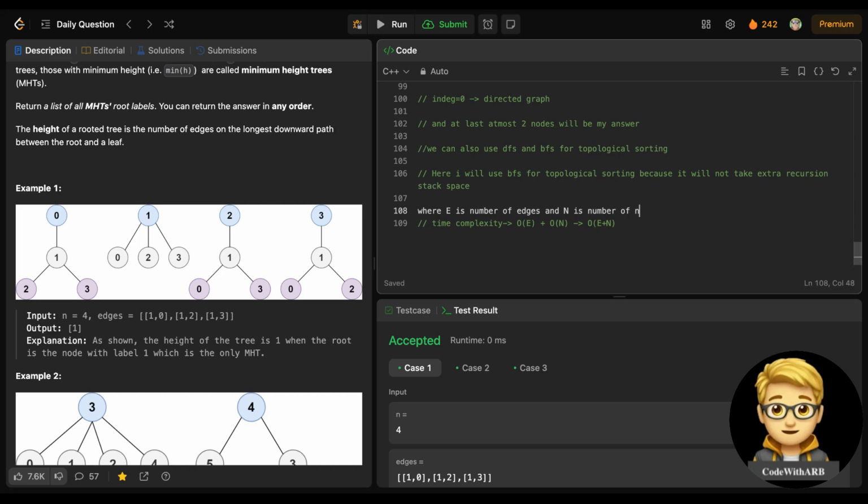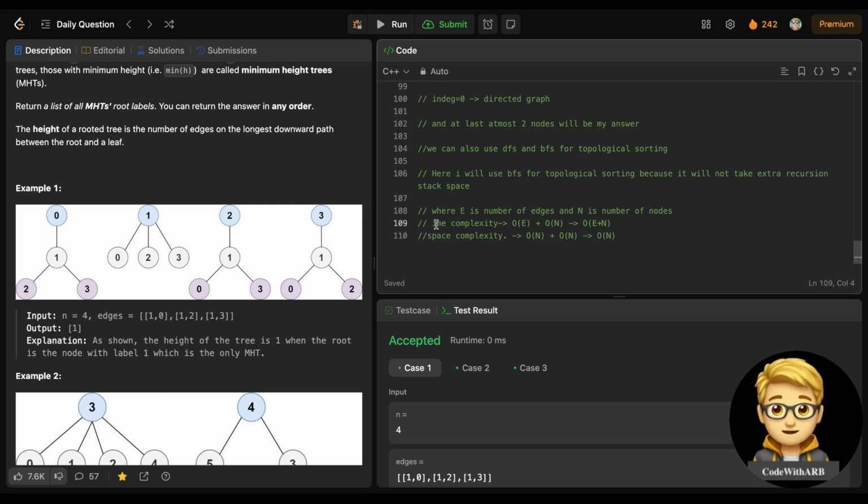And what will the space complexity be? We are taking an extra adjacency list that will take O of n, and also I need an extra queue that will again take O of n, so that will be overall O of n. So this is the time complexity.